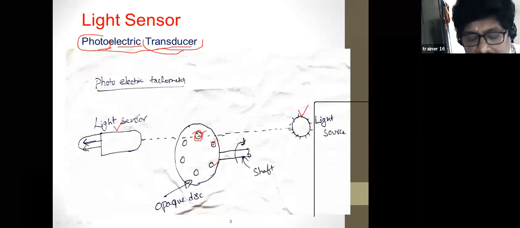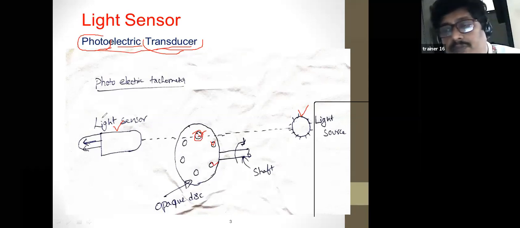This light sensor is nothing but a photo tube or photoemissive device, that means a photoemissive cell or photo tube.